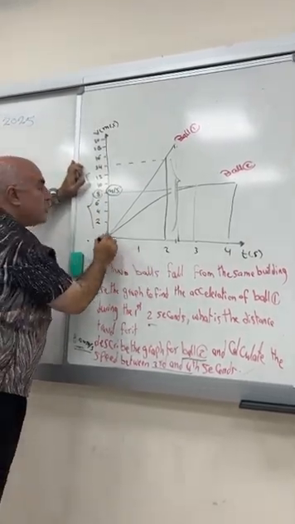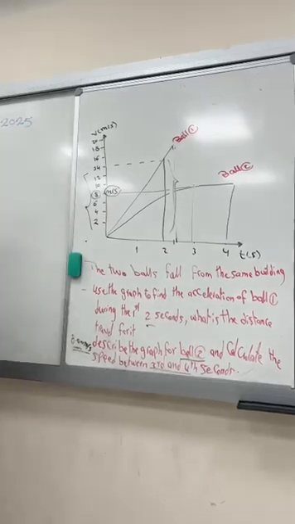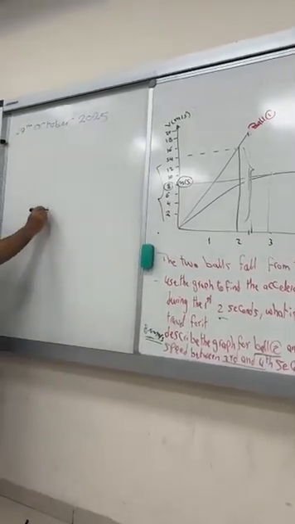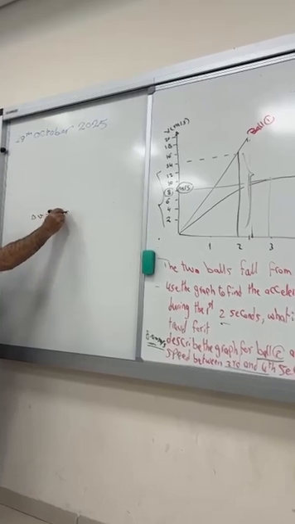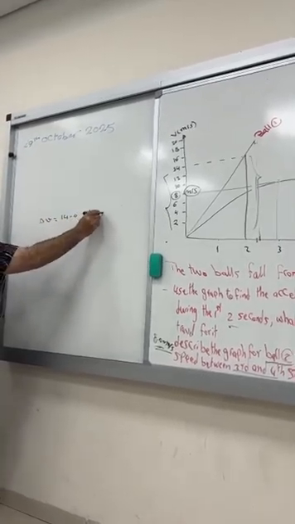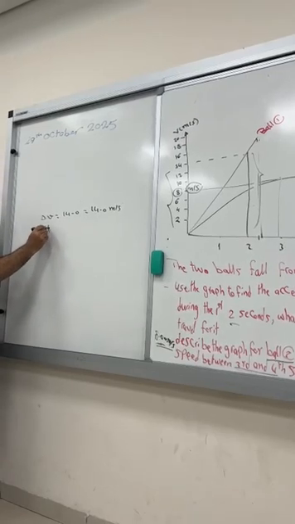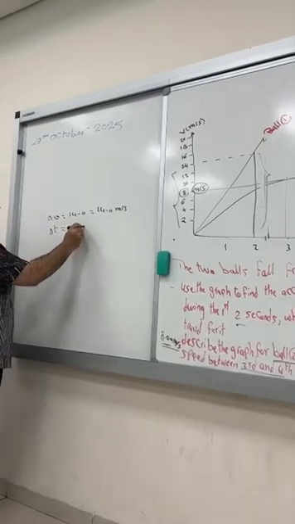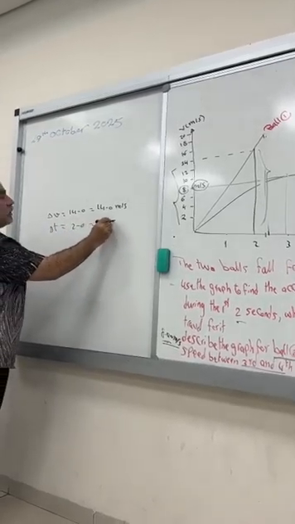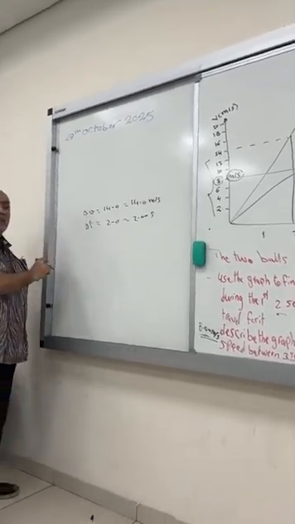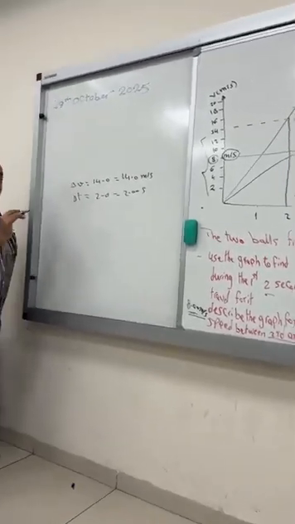What about delta t from 0 to 2? We have delta v equals 14 minus 0, which is 14.0 meters per second, and delta t equals 2 minus 0, which is 2.00 seconds. Now we have delta v and delta t for the slope, or gradient.